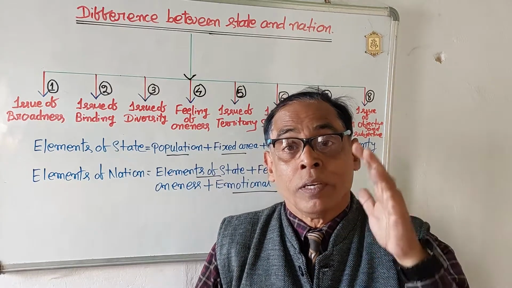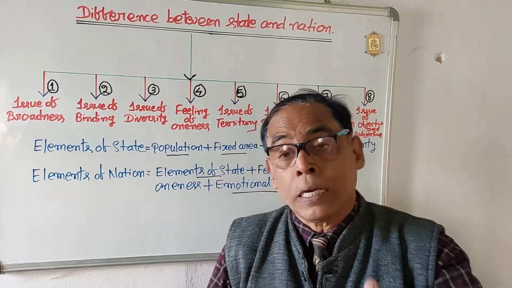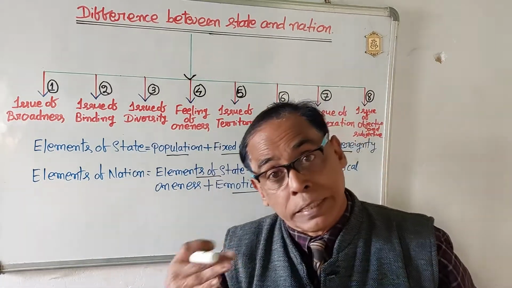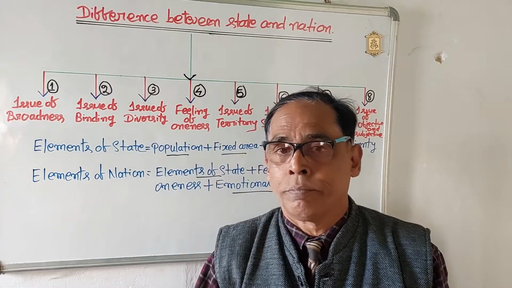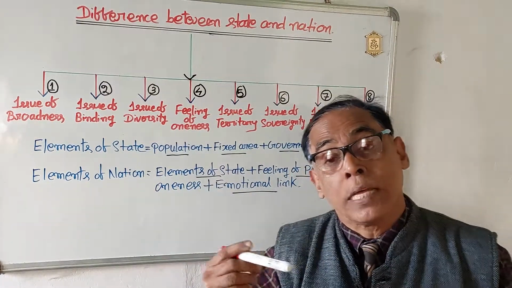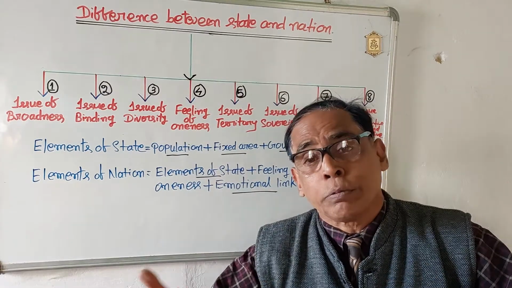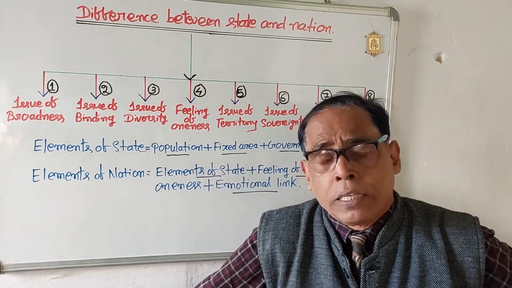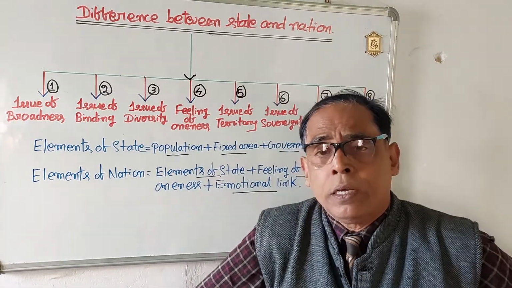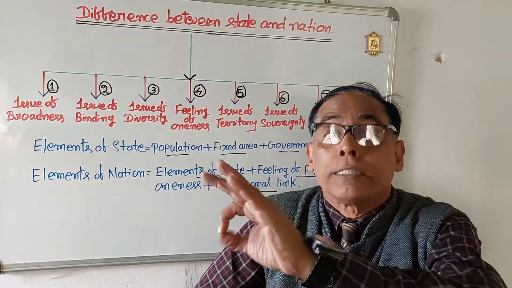A nation is formed by taking the four elements of state with it, plus the psychological feeling of oneness and emotional attachment. The four elements of state like population, fixed area, government and sovereignty cannot constitute a nation. They can constitute a state.